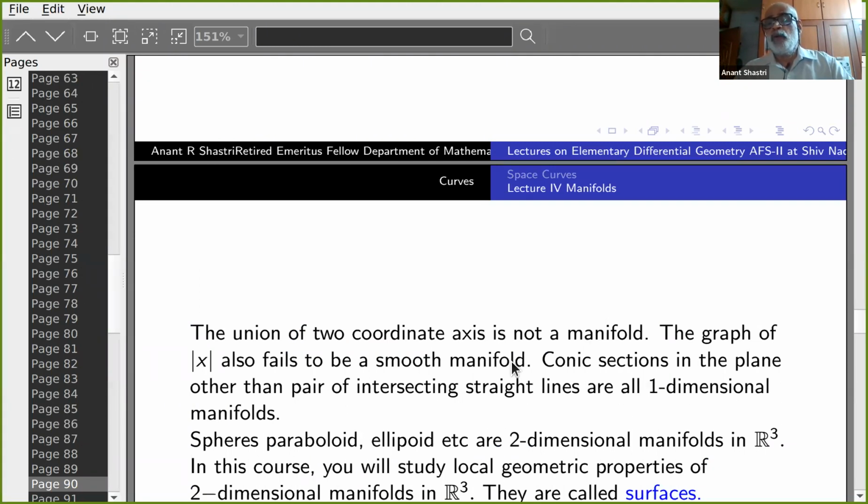At the origin, no matter how small a neighborhood you take, that cannot be described by a regular curve. You see, the x-axis and y-axis, each of them is a regular curve, but the union is not a regular curve. The point (0,0) is a bad point for the union of x-axis and y-axis.